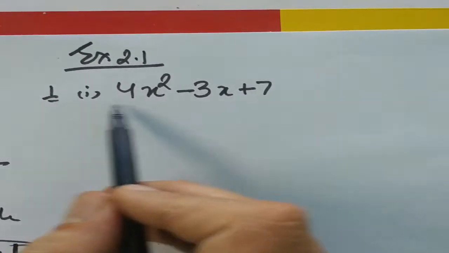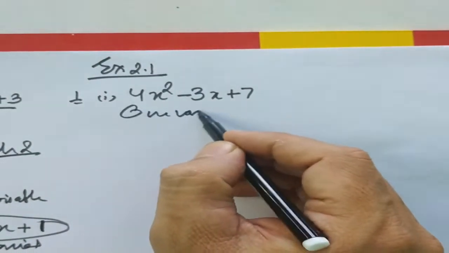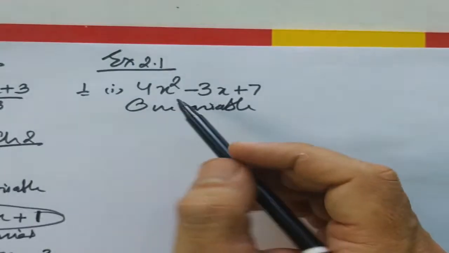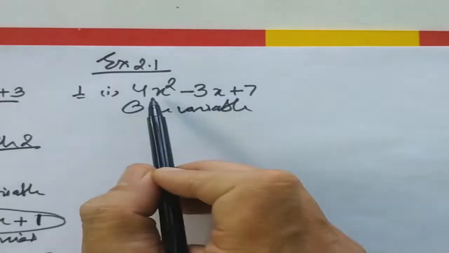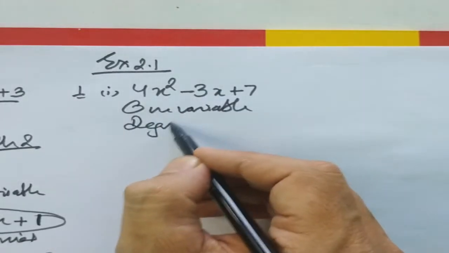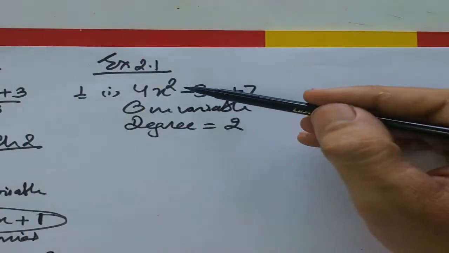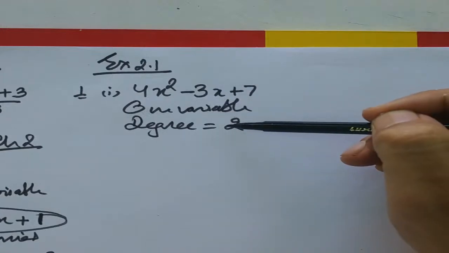So this is a polynomial with only one variable. Now there are many things I can say about this. This is a polynomial which has only one variable x. This is a polynomial whose degree is 2. The highest power is 2. The next power is 1, but we take the highest power.